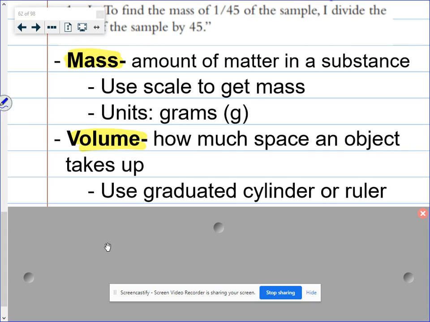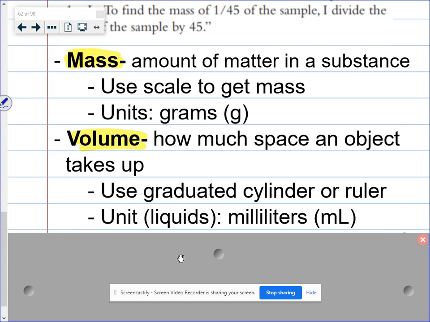But for now, we'll just stick with that, and we can always talk about another way to measure volume a little bit later on. So because I have two different ways to measure, the graduated cylinder I use for liquids, the ruler I would use for solids, I have two different possible units.